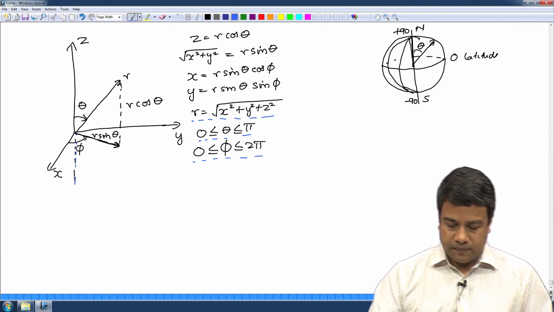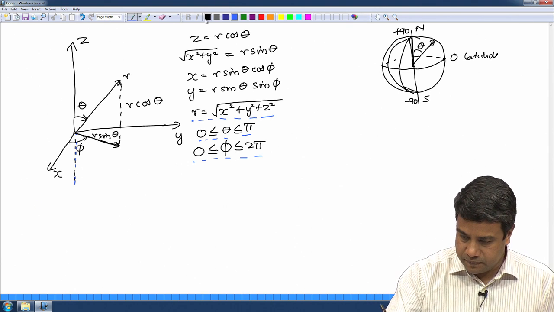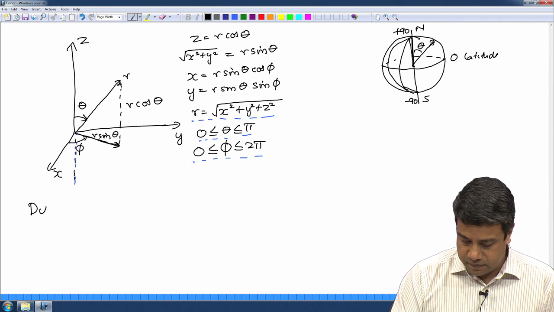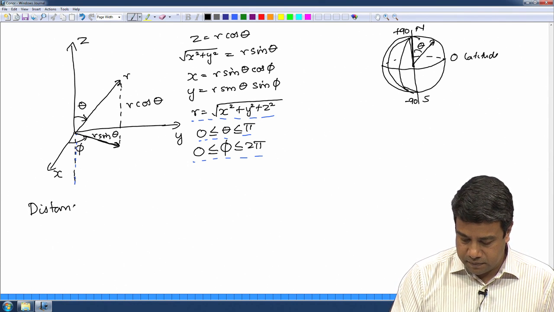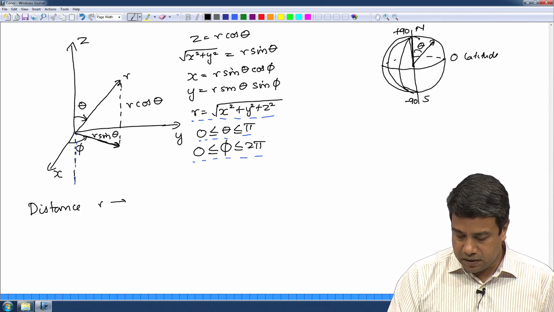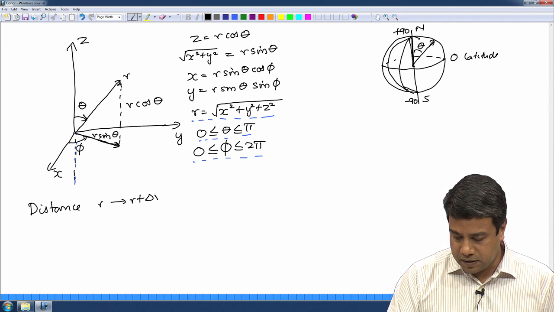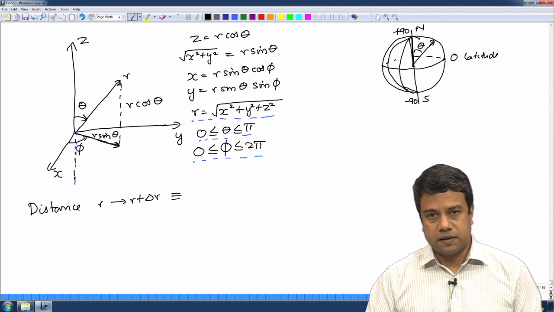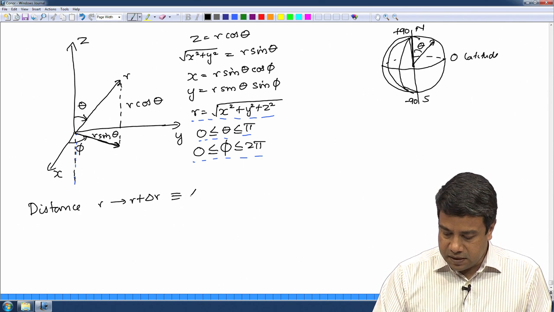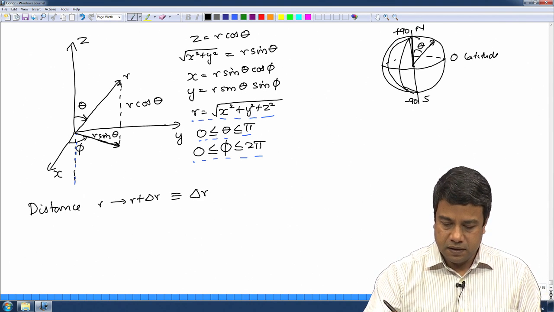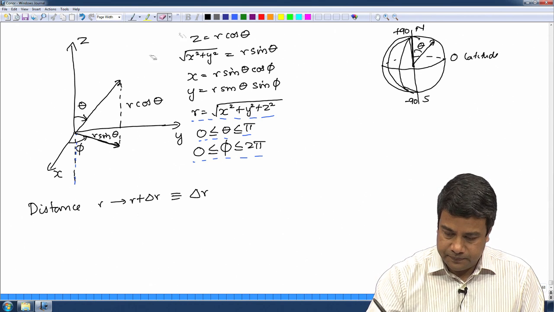When I travel from r to r plus delta r in the radial direction, that distance is delta r itself.